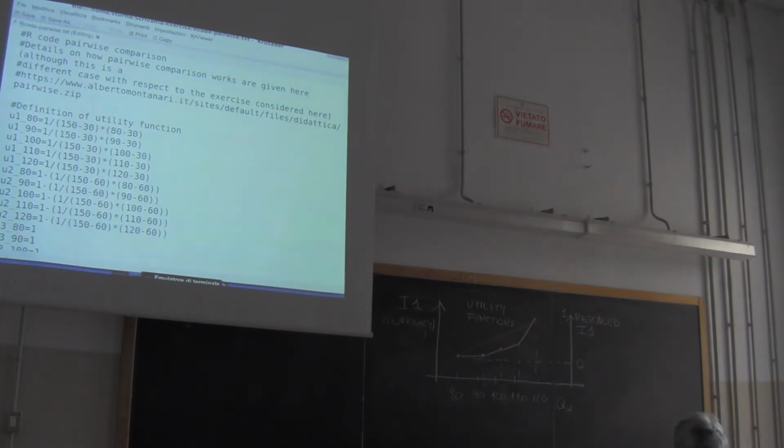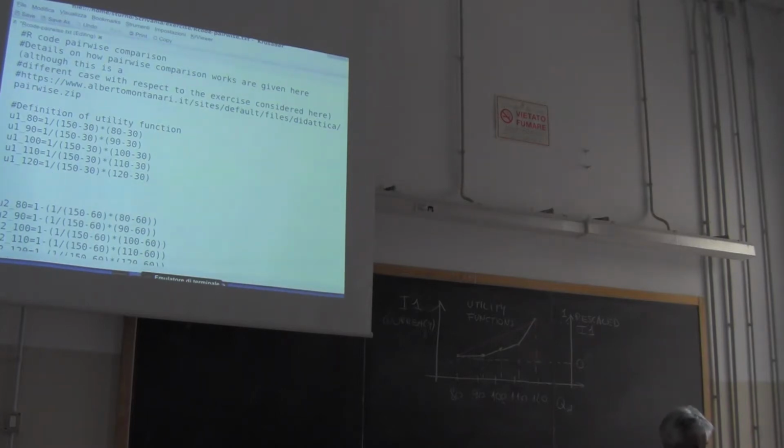The first 5 lines refer to the computation of the utility in terms of indicator 1, so you see utility 1, which means utility indicator 1 of each alternative: 80, 90, 100, 110, 120. As you remember, in this range we have a linear increase of the utility. So you see that here the value of the utility for each alternative is computed in this way.